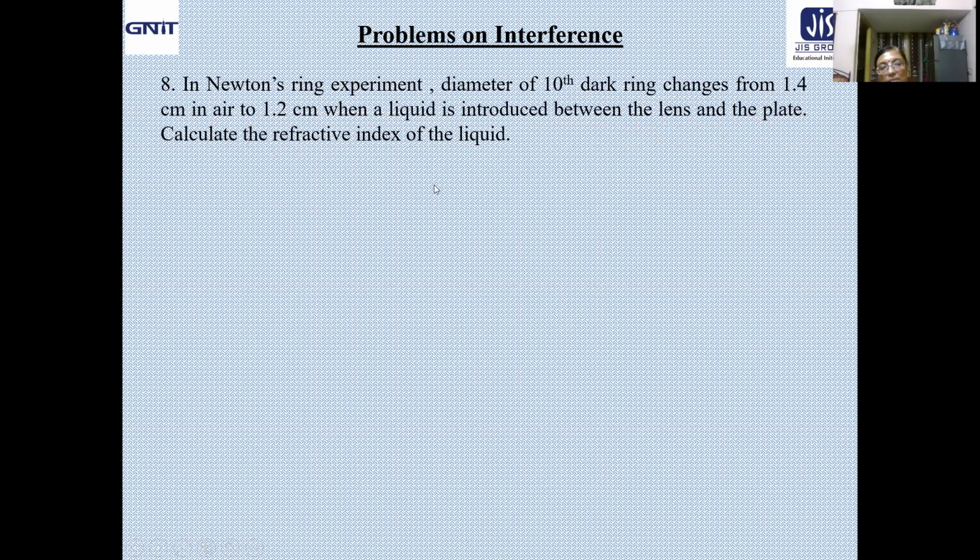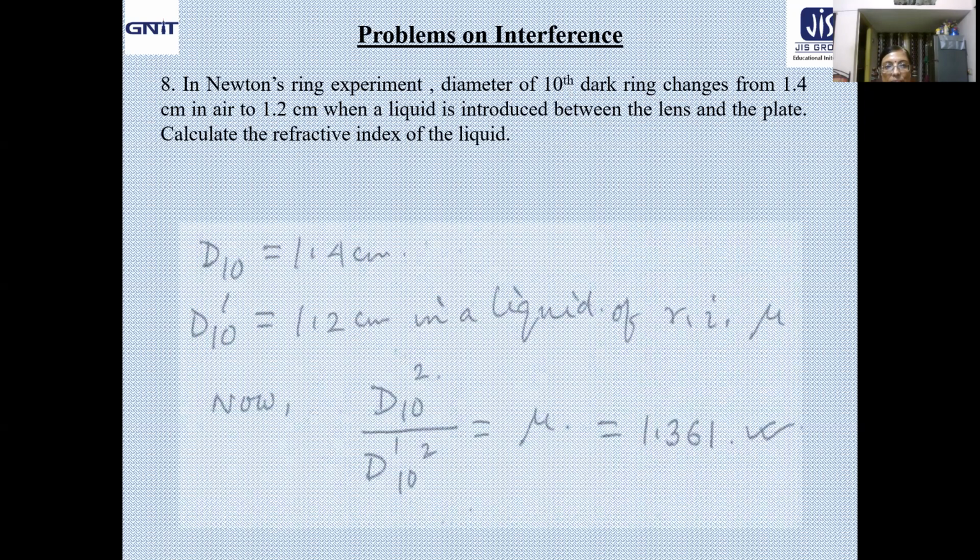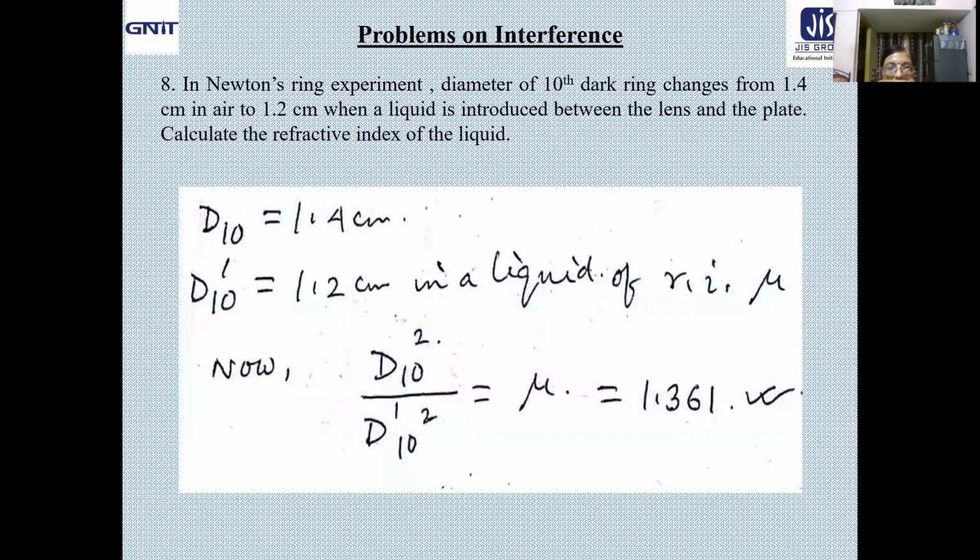In the last class, we have seen that in liquid, the ring system is found to be contracted. Here the problem is set accordingly. Let us take a look. So what is given? D10 equal to 1.4 centimeter and D10 prime, that means in a liquid of refractive index mu, it is 1.2 centimeter.